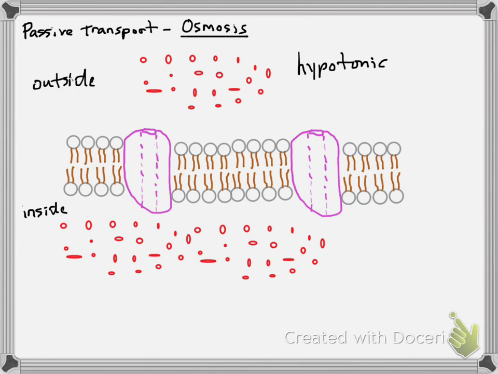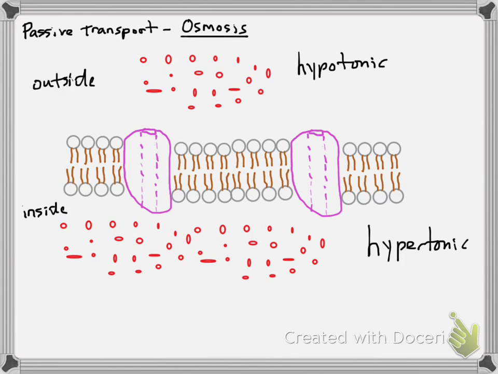The side of the membrane with a higher concentration of solute is described as hypertonic. One thing I'm not going to write out for you is the term isotonic. If we had an equal number of solute molecules on both sides of the membrane, we would say these two solutions are isotonic to each other. Doesn't mean things stop moving, doesn't mean water stops moving, it just means that it's moving equally in both directions.